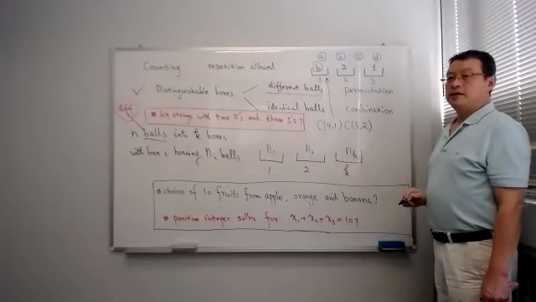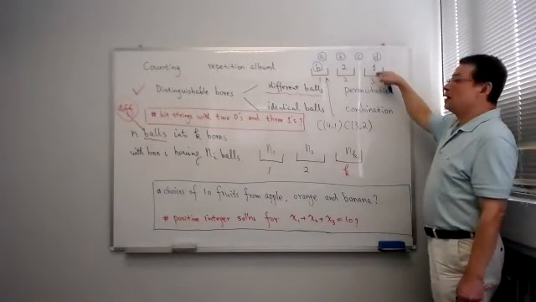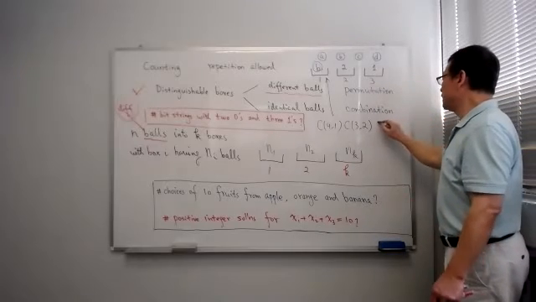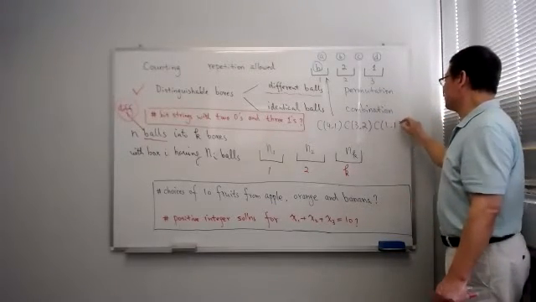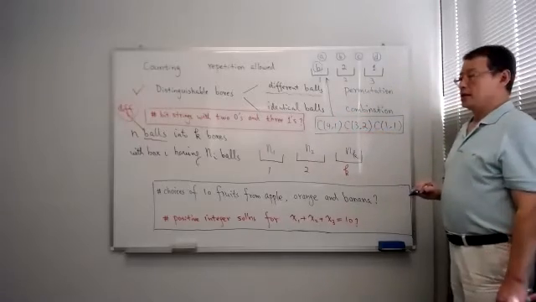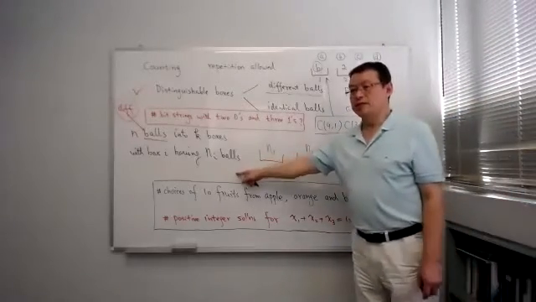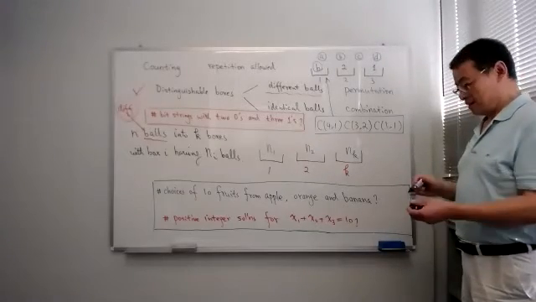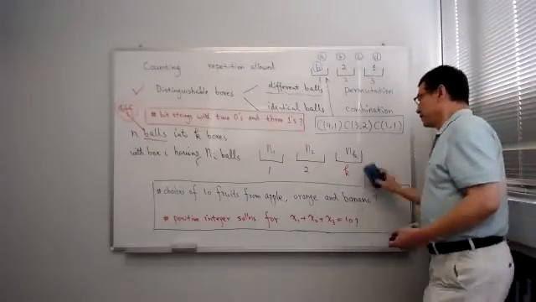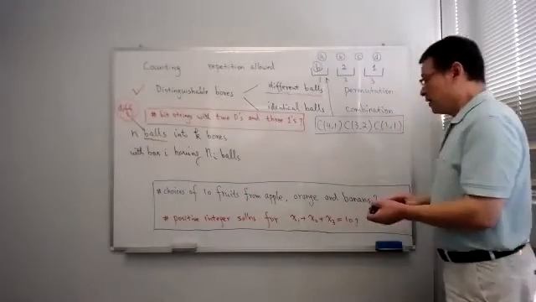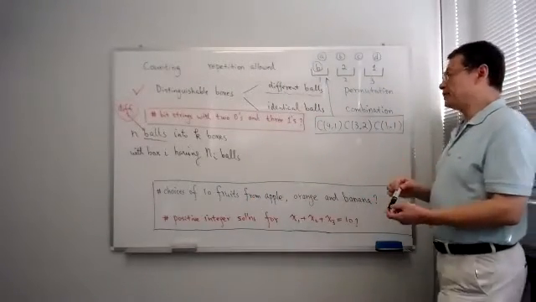Then for the last box, only one ball is left, so we choose from the remaining balls, which is 1 choose 1. So that gives us the number for this problem. So in general, what does this give us?